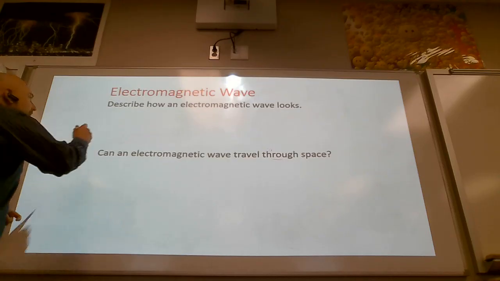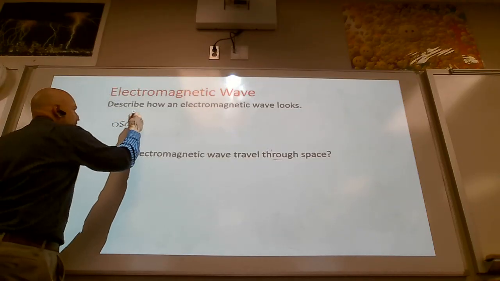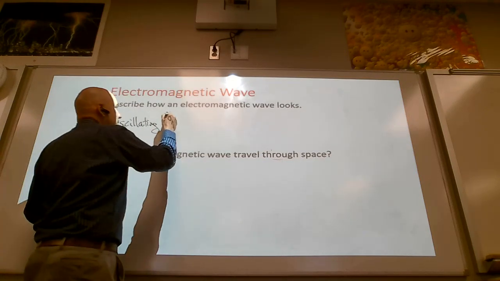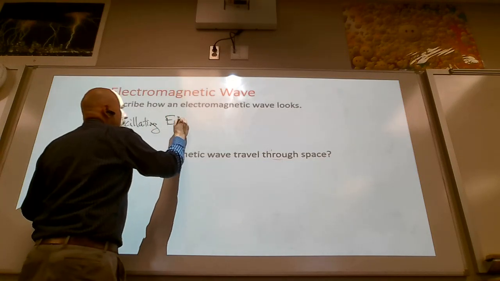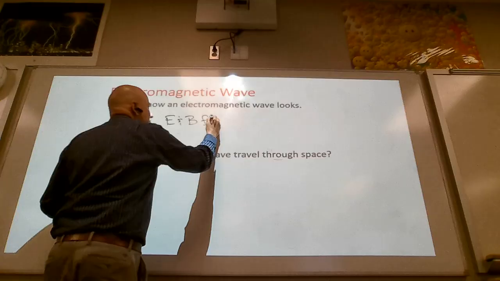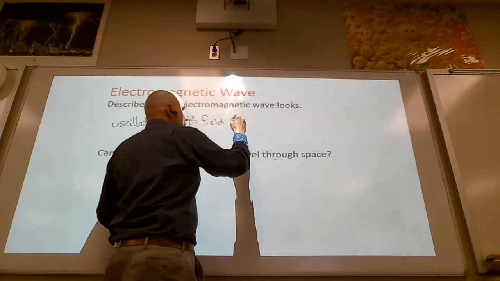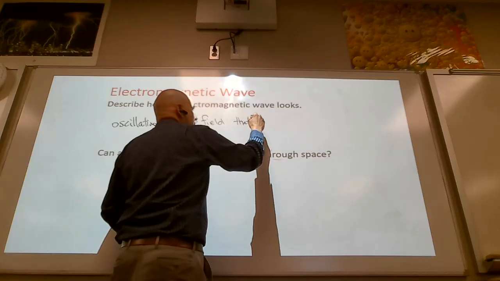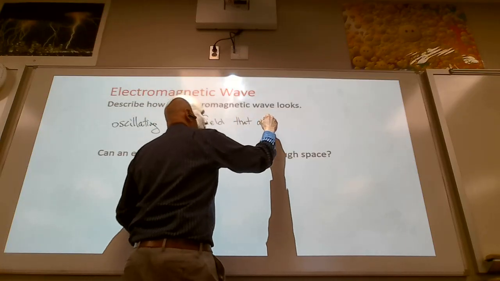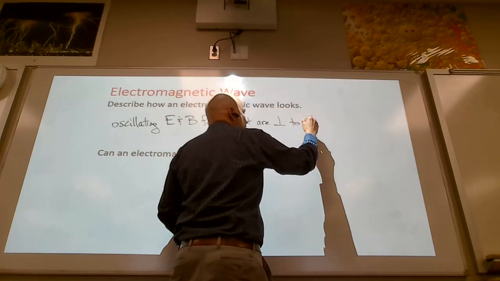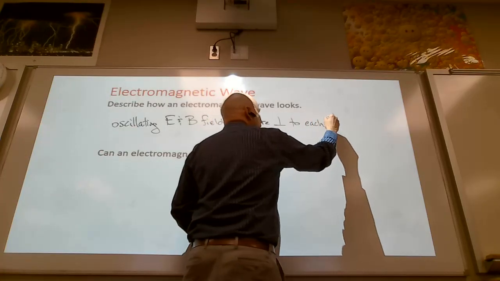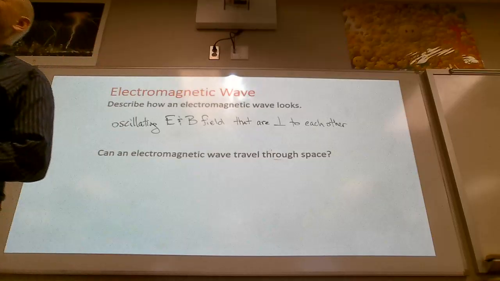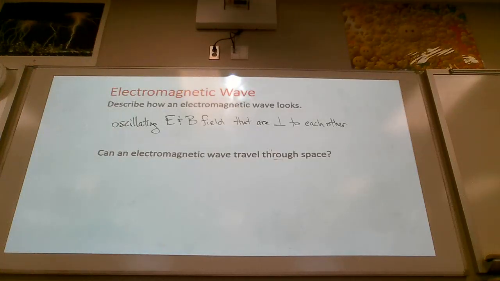This is oscillating electric and magnetic fields that are perpendicular to each other. I needed to show you that picture so you would have some understanding of what that meant.